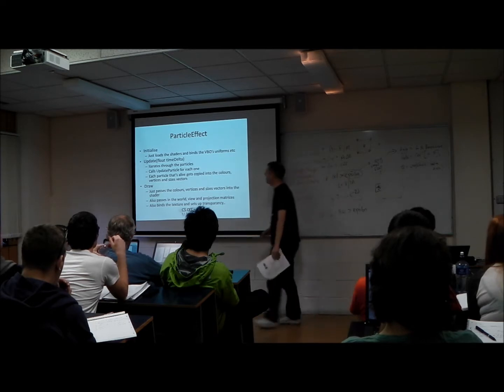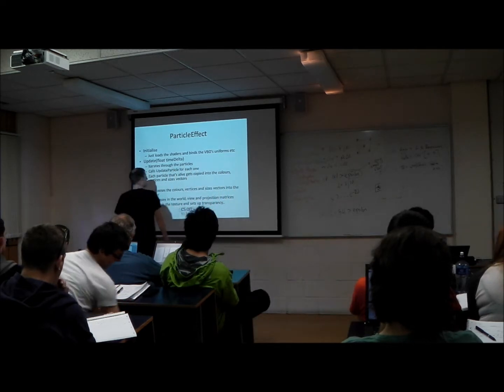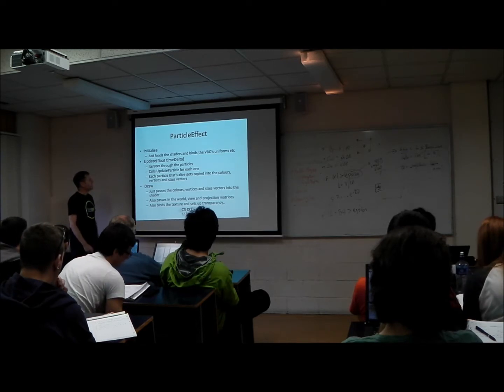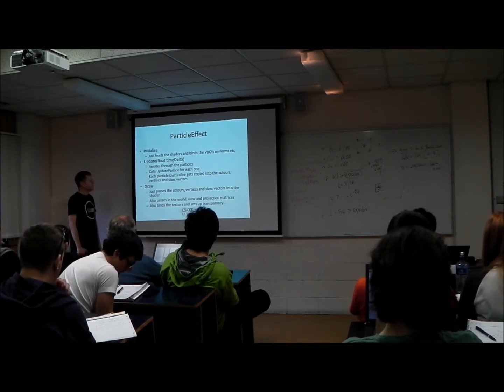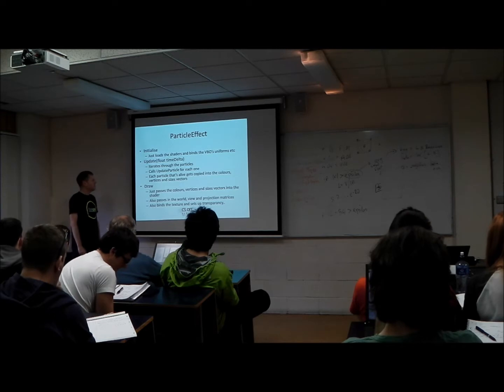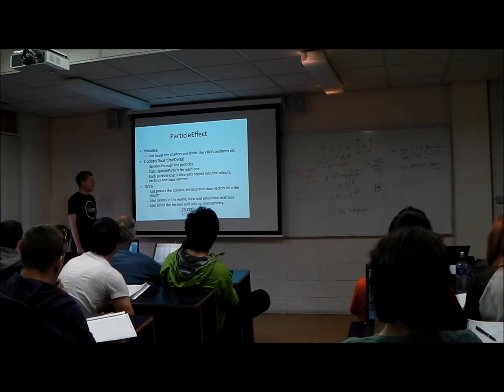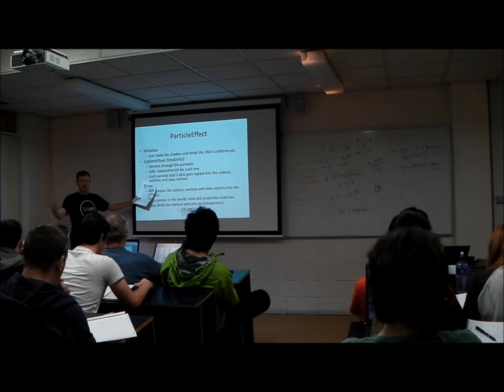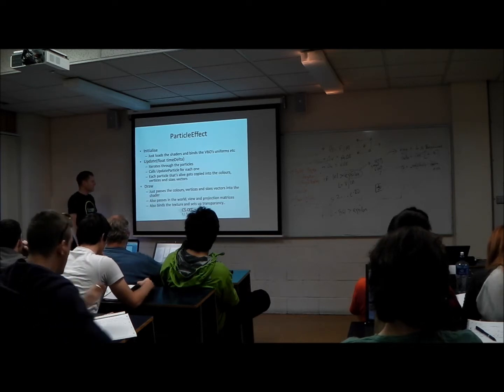The initialize, all it does is load the shader and bind the vertex buffer objects, uniforms, etc. And the update method just iterates through all the particles, calls update particle for each particle, and then each particle that's alive gets copied into the vectors that we previously had a look at, and then those vectors get passed into the shader in the draw.